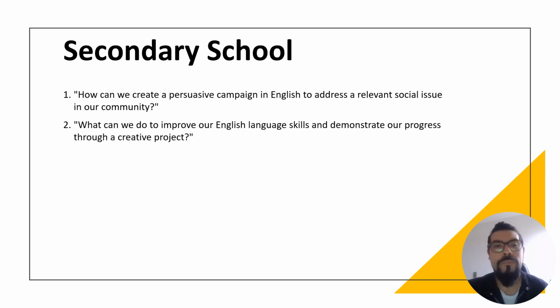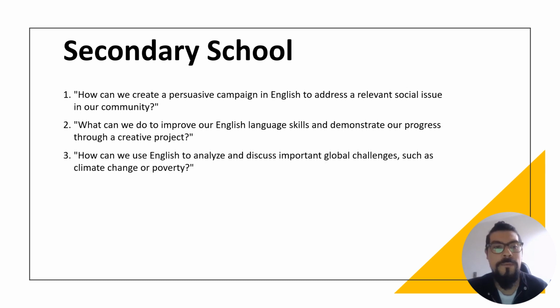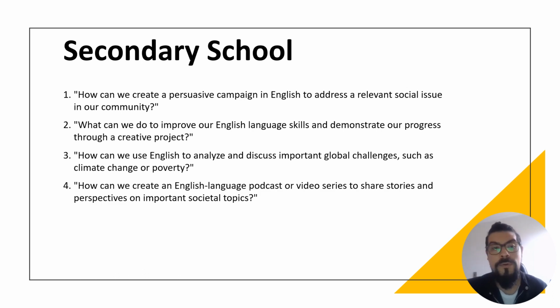Number three, how can we use English to analyze and discuss important global challenges such as climate change or poverty. And number four, how can we create an English language podcast or video series to share stories and perspectives on important societal topics? Again, you give them the opportunity to decide.